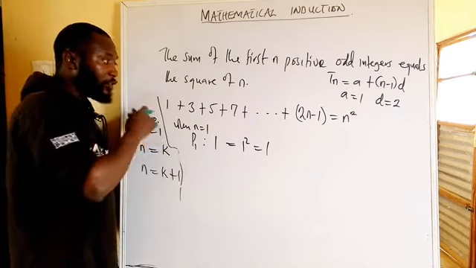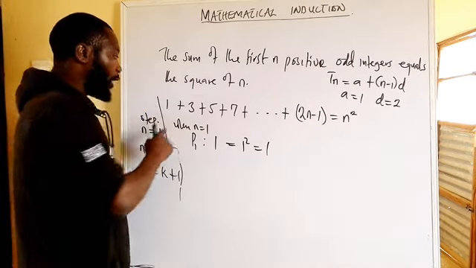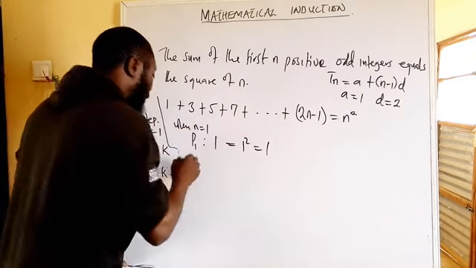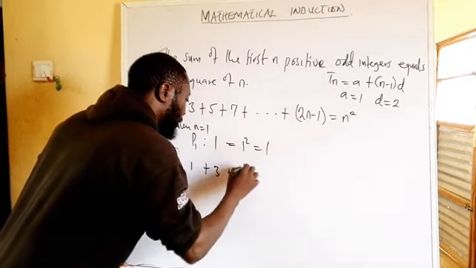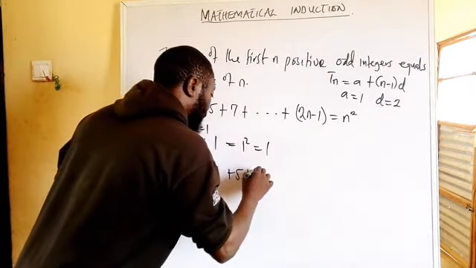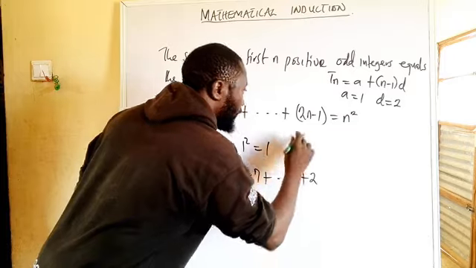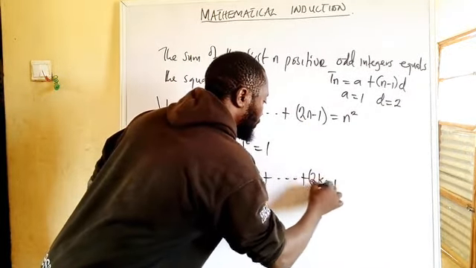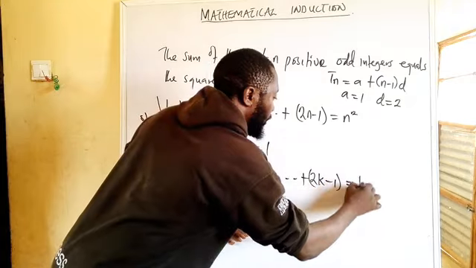That is, the sum will give us k squared. So we replace n with k here: 1 plus 3 plus 5 plus 7 plus ... plus 2k minus 1, instead of n, you replace n with k, equals k squared.